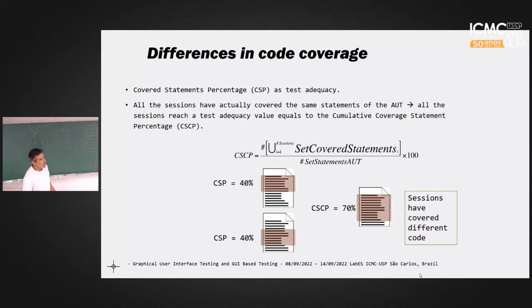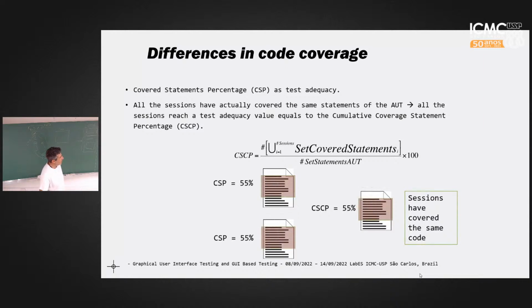Why? Because it could be that some code is covered by both testing processes. Imagine that I have an if here that is covered by both. The union is not the sum. We have to consider the union of the statements. Right, guys?